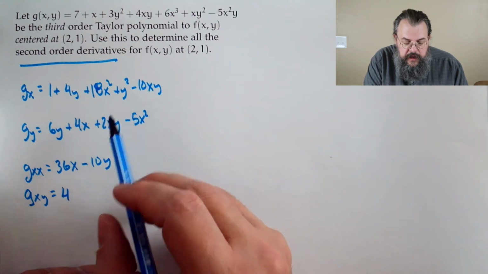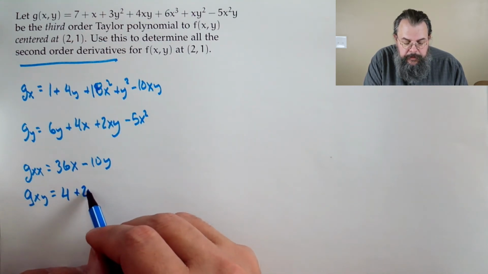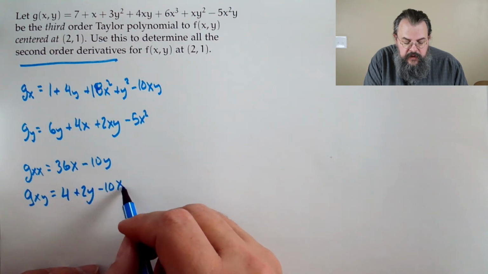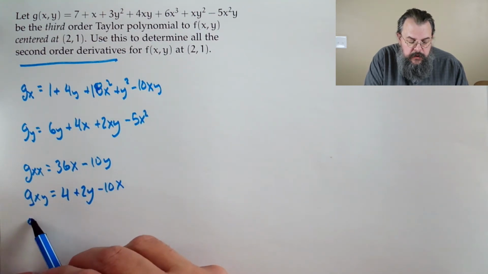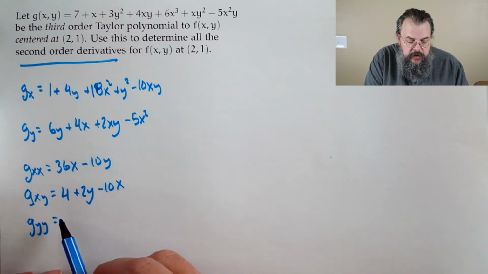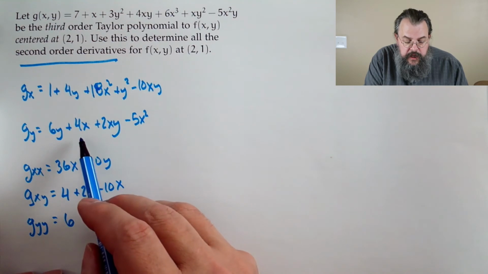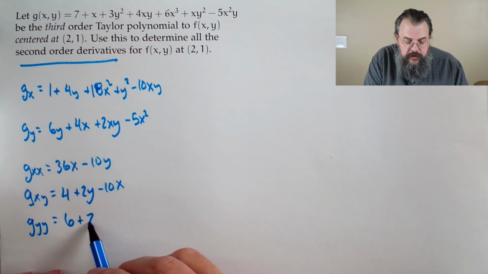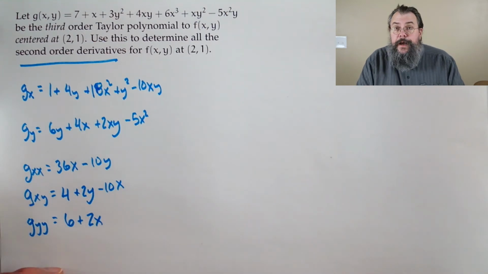That goes away. That'll be a 2y. And here we'll have minus 10x. And gyy. All right, 6, that goes away. That'll be a 2x. And that goes away.